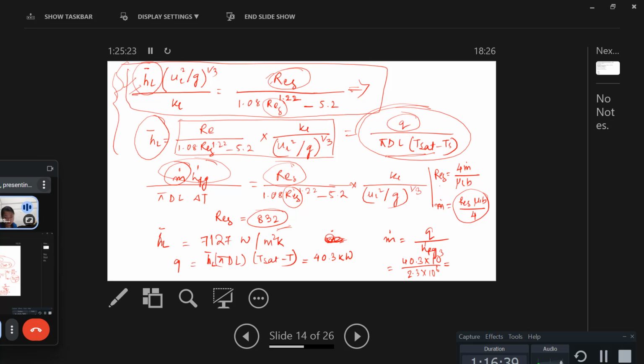So you get this value as 18 into 10 to the power minus 3 kg per second. So this is the value of m dot. So we move on to the next question.